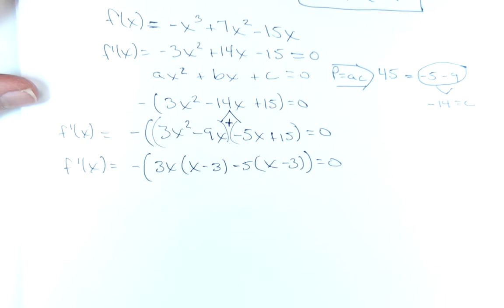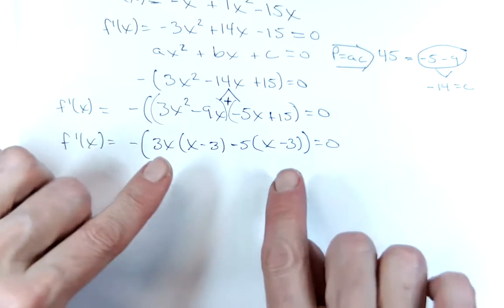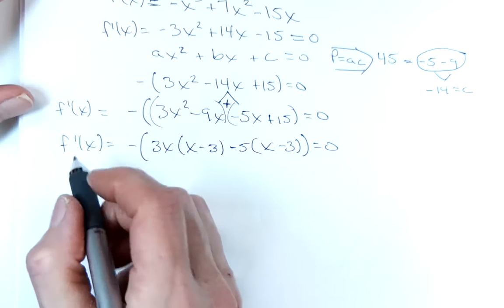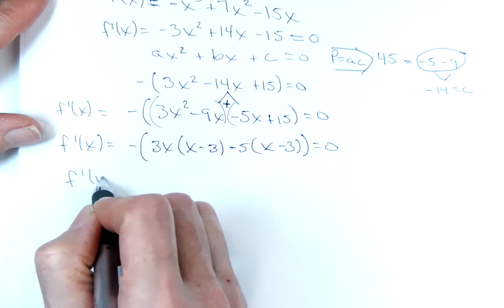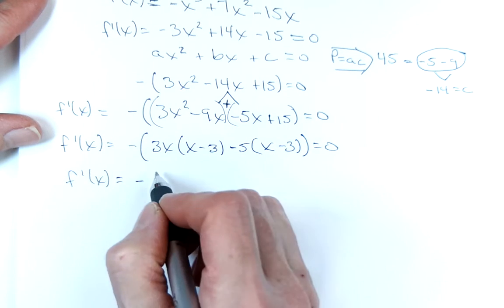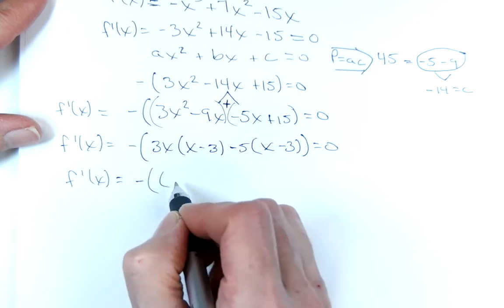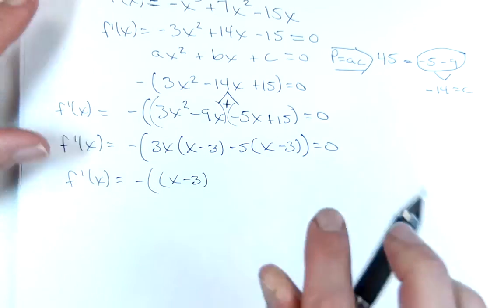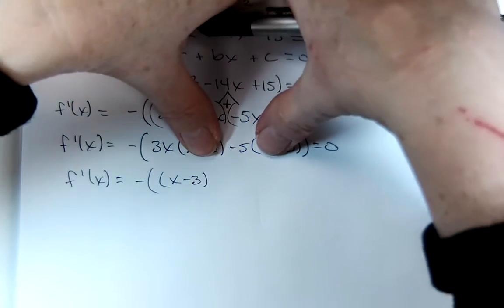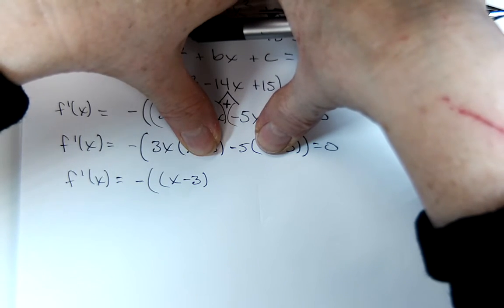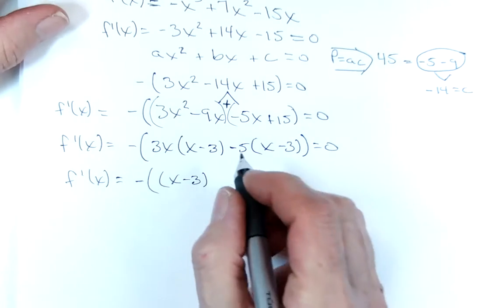Moving up. And now we'll factor out the x minus 3's. So we have f prime of x equals negative, and we have x minus 3 in each of our terms, so now those are gone. And what's left behind is 3x minus 5.